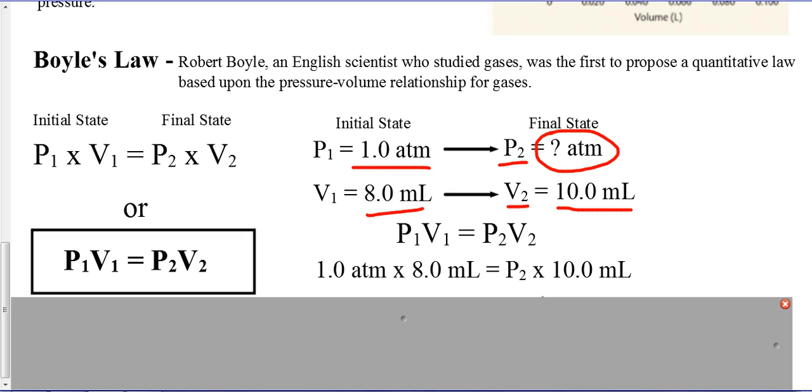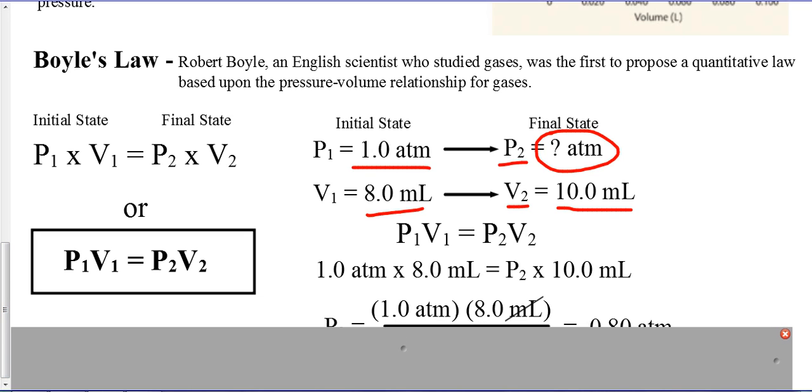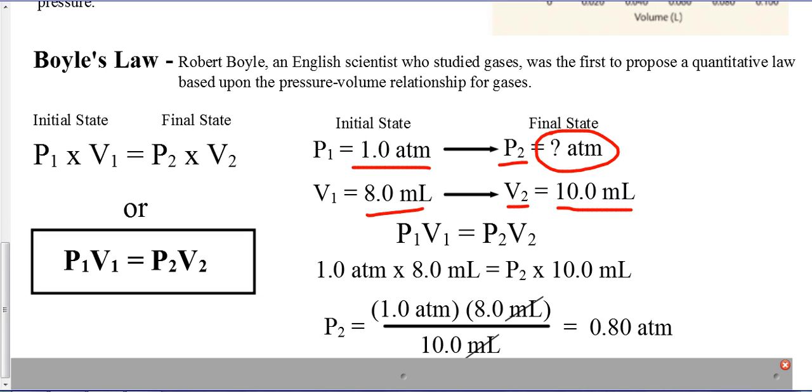And we don't know what P2 is, so we're going to leave that as a variable. Just like in math, we leave variables like x or y in our equations. And then we multiply by V2, which was 10 milliliters. And we're going to solve for P2, the one that we don't know.